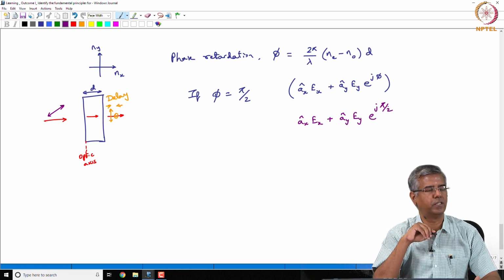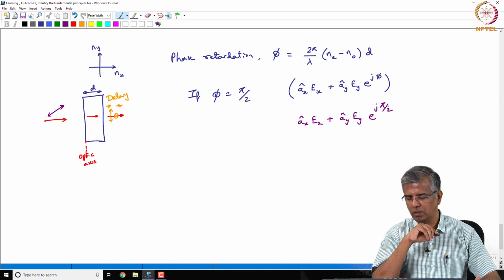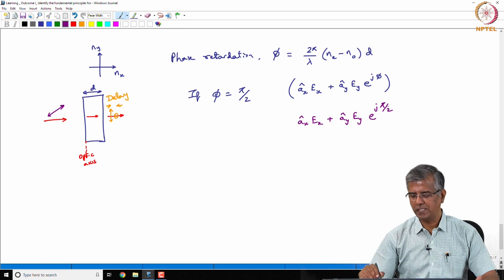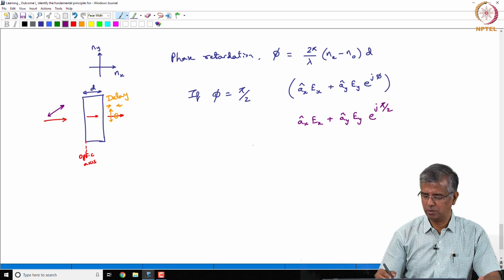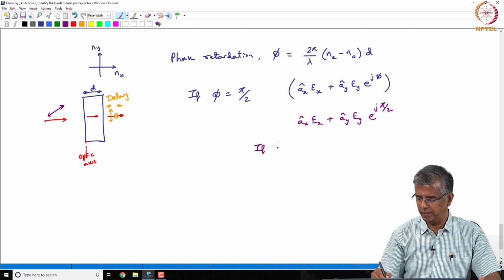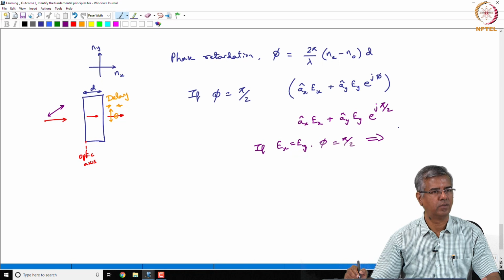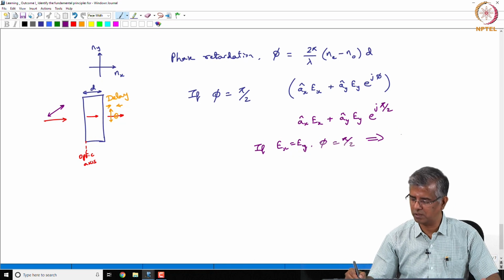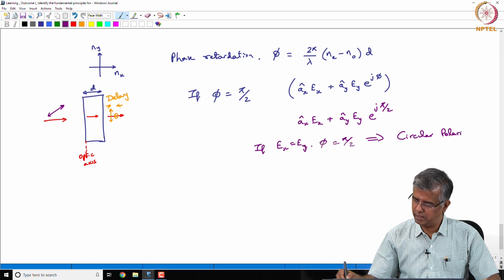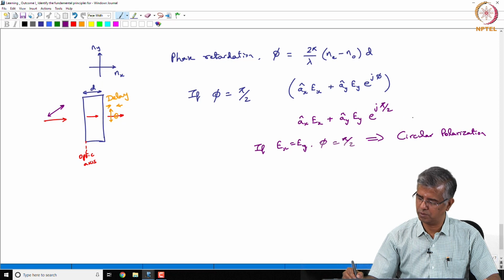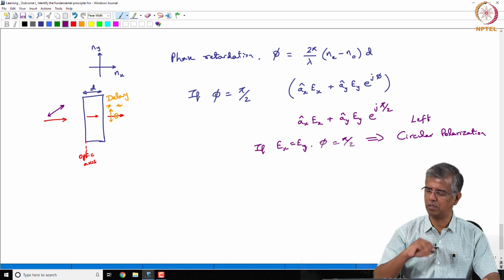You have a phase difference of pi by 2. If Ex equals Ey and phi equals pi by 2, what does that mean? That corresponds to circular polarization, and since phi is positive, you say this corresponds to left circular polarization.